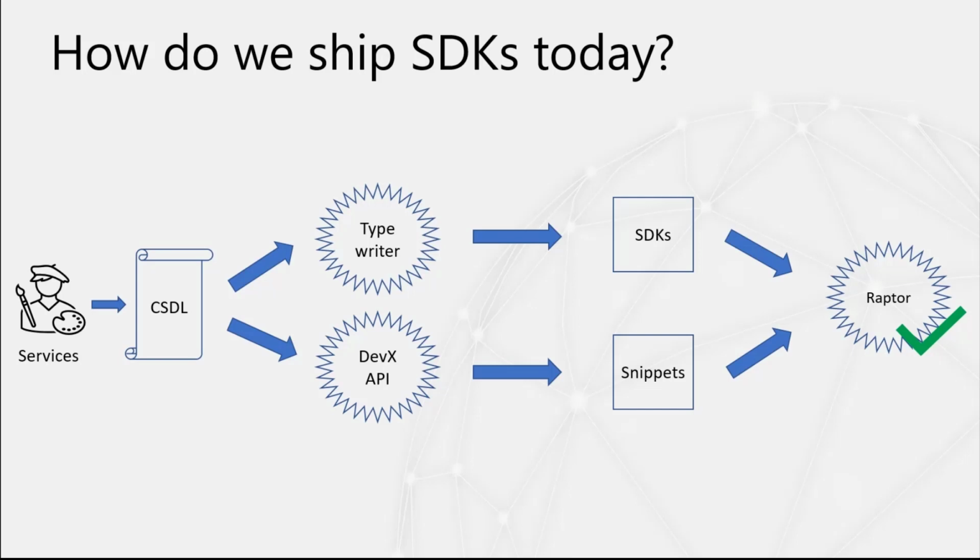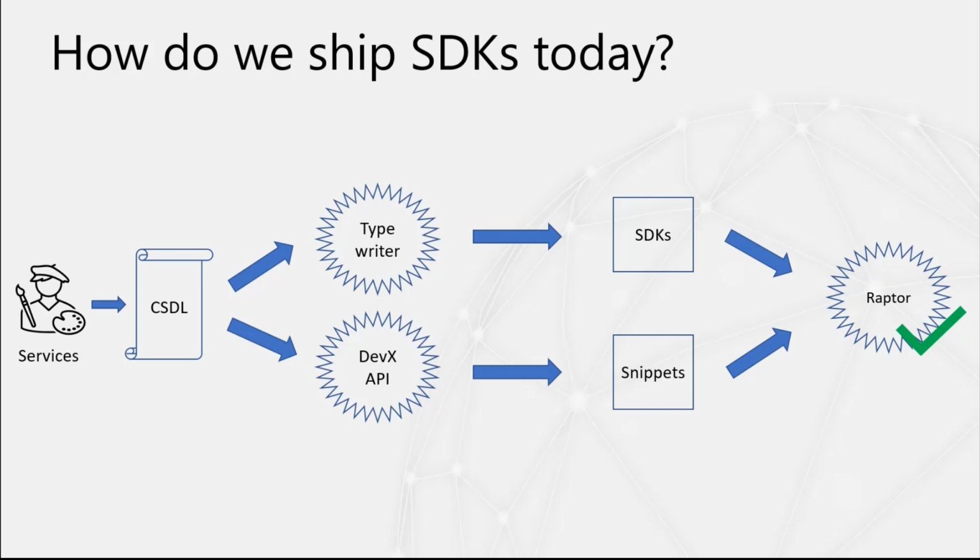It's a way for us as Microsoft, but also for you, to understand the shape of the APIs and what they contain. So they work with the API Council to design and build a clean and lean API surface and document that API using a CSDL document.